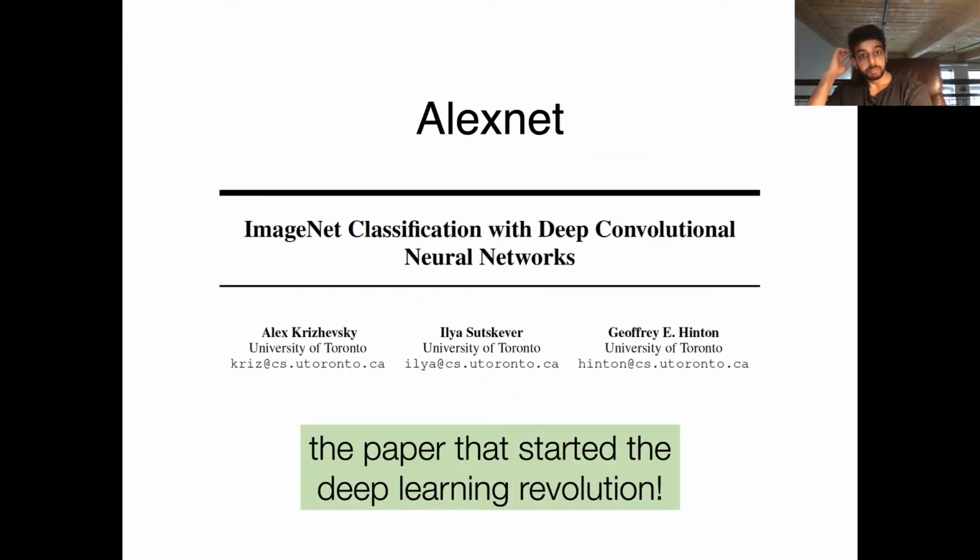So a bit of history. The whole deep learning revolution essentially started with this paper called AlexNet, informally, which was the first paper, or I guess among the first papers, to show that deep convolutional neural networks can really reach high accuracies on image classification tasks.